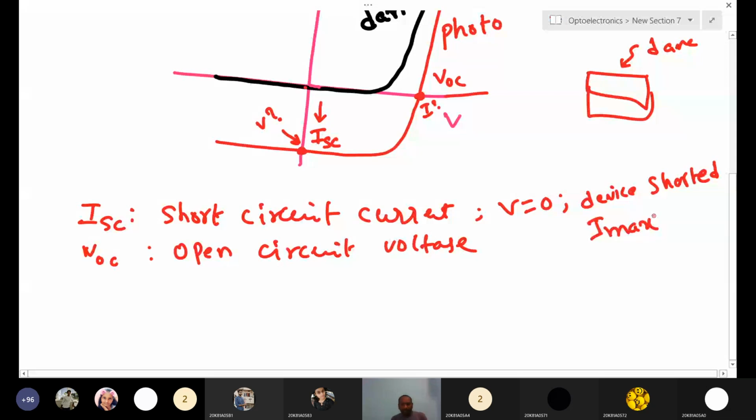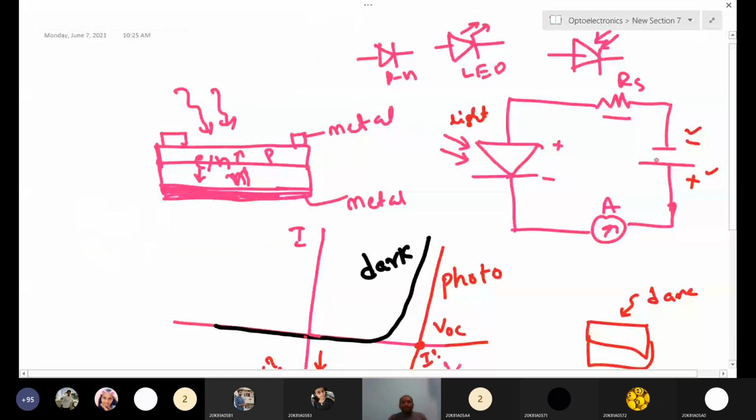So when your device is shorted, that means we are connecting two terminals directly. We are not connecting separately. Whatever we connected, one terminal is connected to the negative potential, one terminal to the positive potential of the battery. We are removing the battery, just connecting the two terminals.